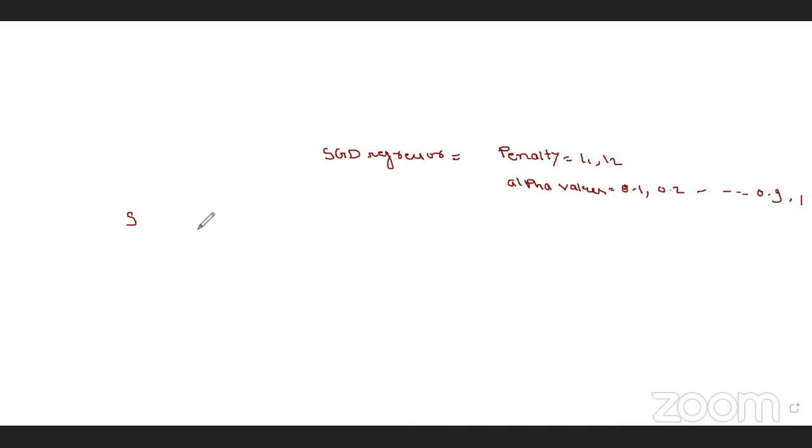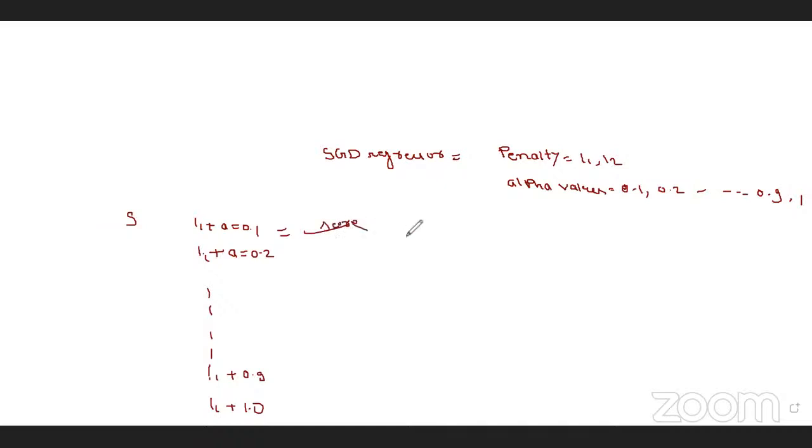First it will take L1 plus alpha, which I'm showing as A, equals 0.1. I'm not using the writing book, that's why the writing is so bad. Then again it will take L1 plus alpha value 0.2, and like that it will take all L1 with all alpha values, similarly L1 plus 0.9, L1 plus 1.0, and it will calculate the score.